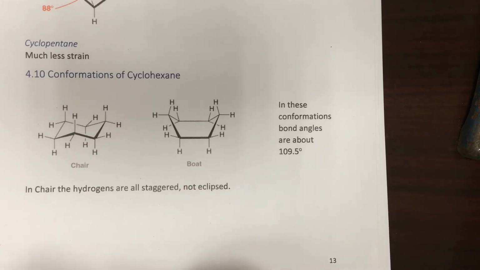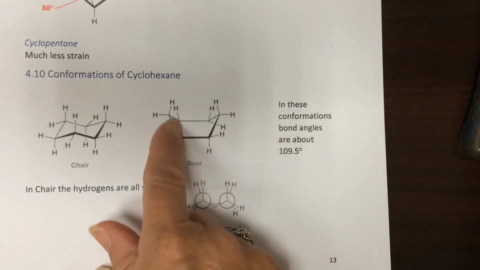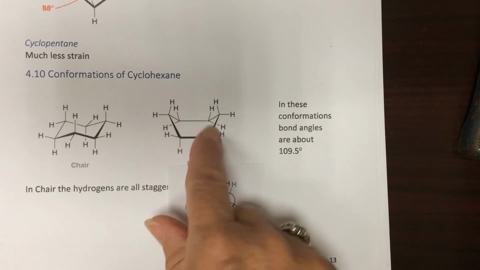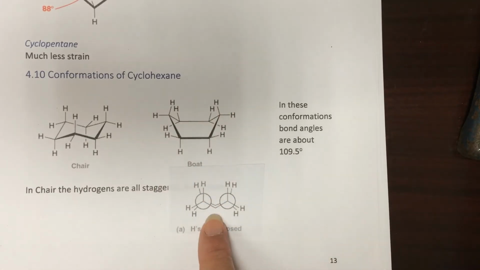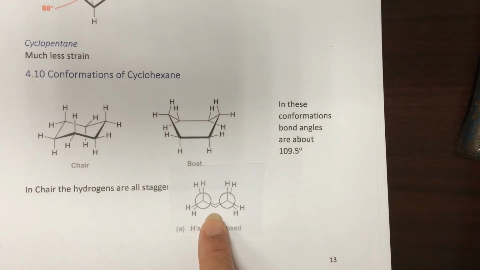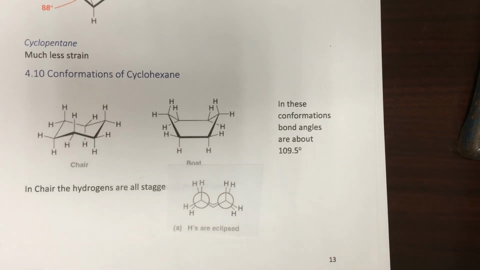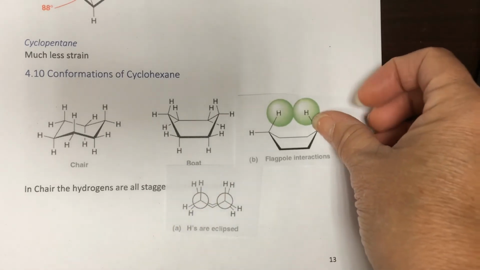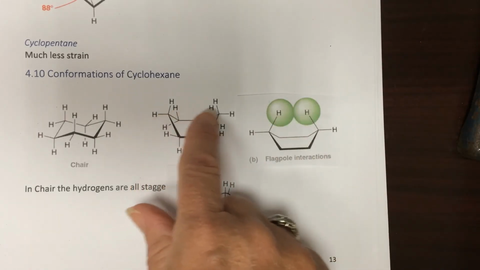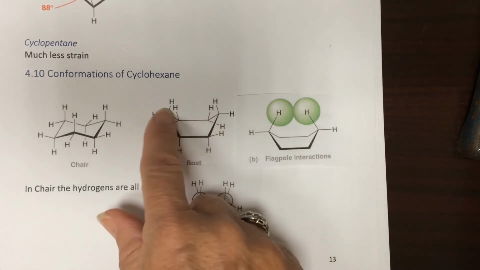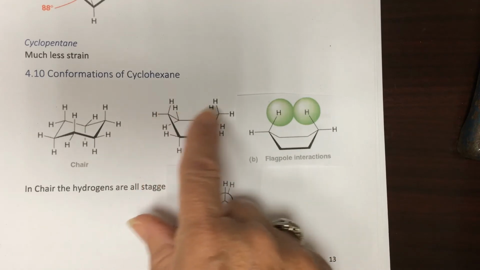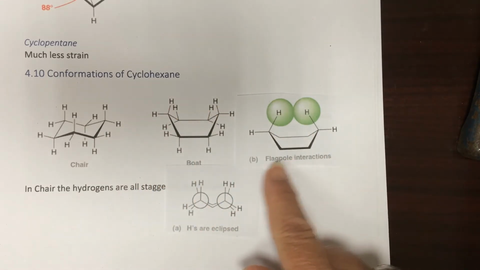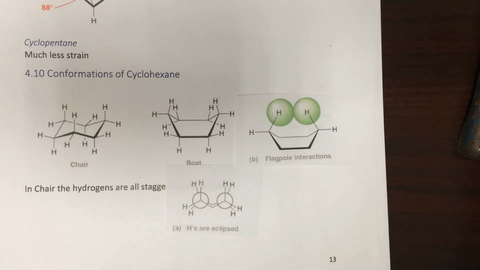If we look down these 2 carbons, we'll see on the Newman projection that the hydrogens are eclipsed. We also see that there are flagpole interactions. These hydrogens, or if you put another substituent there, particularly large groups, bump into each other, making the boat less stable.